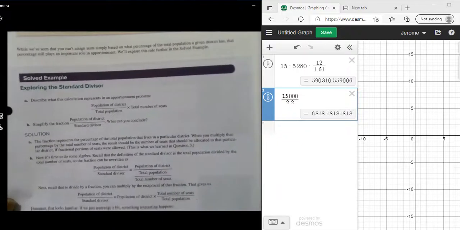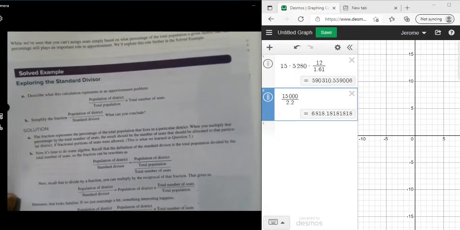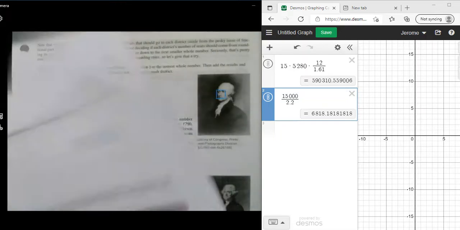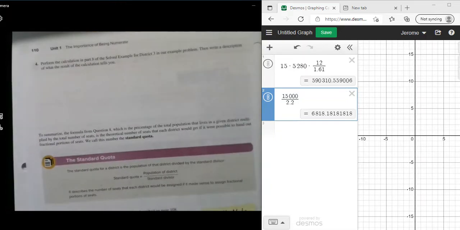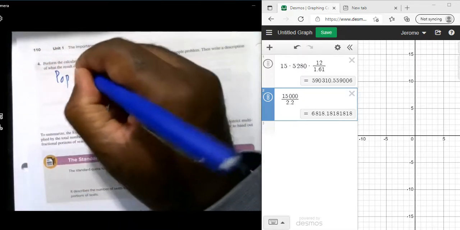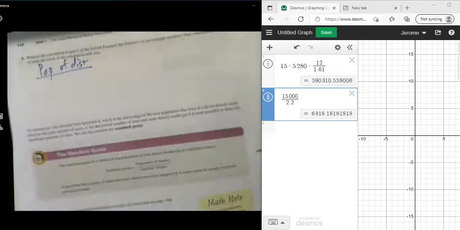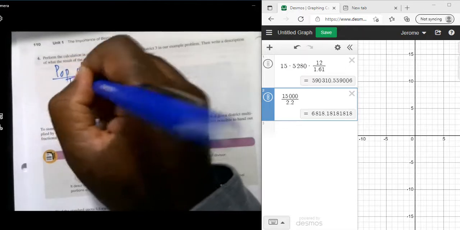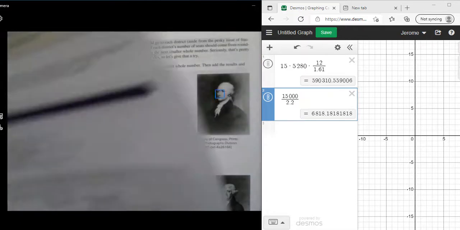Okay, if we look here at B, we end up with the population of the district divided by the total population. Let's write that down. Population of the district divided by the total population times the total number of seats.